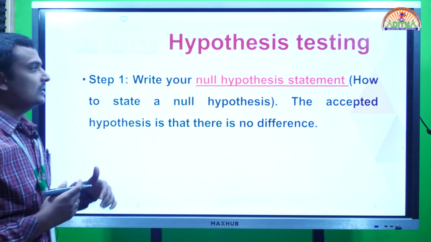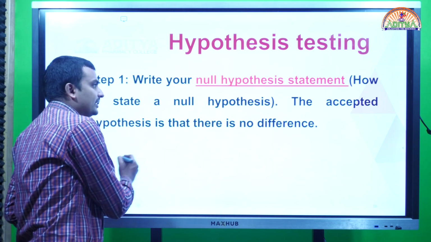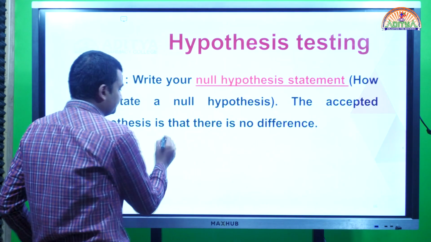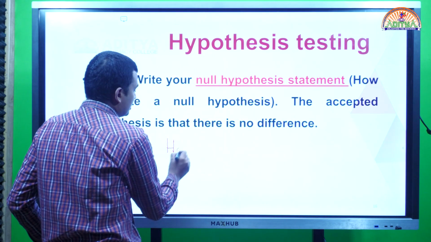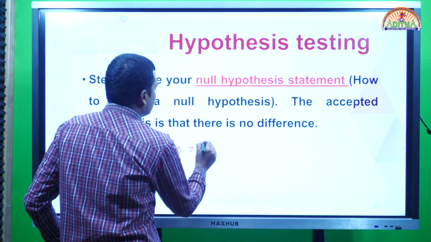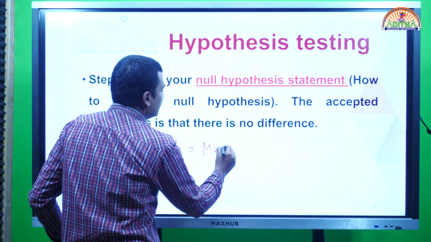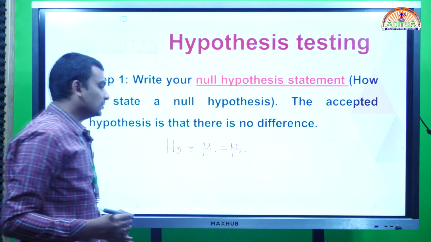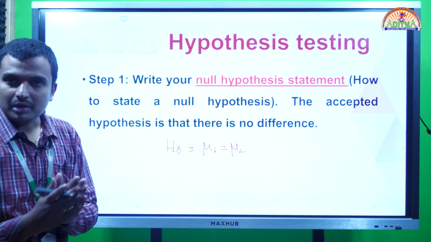For example, if I repeat, the null hypothesis is represented by H naught, or H0, where it assumes there is no difference between the two given groups or two given populations.